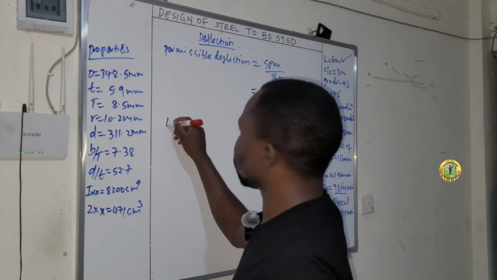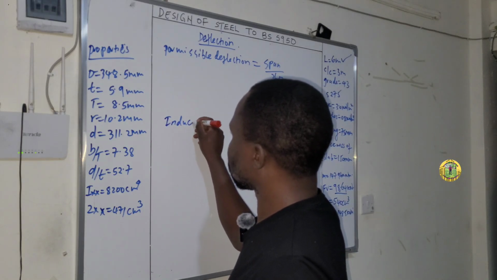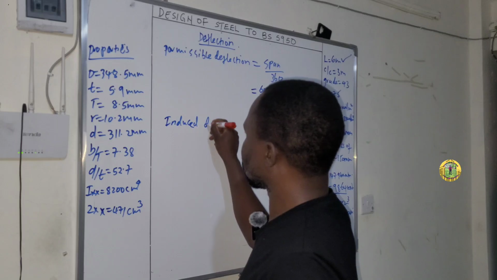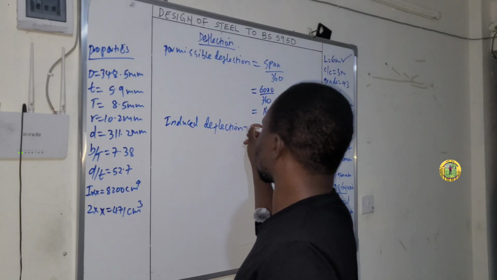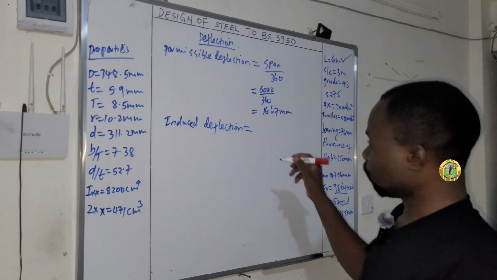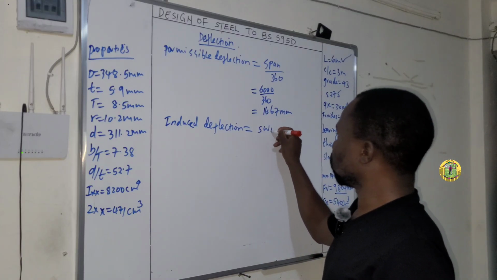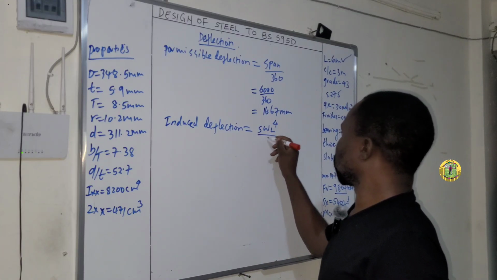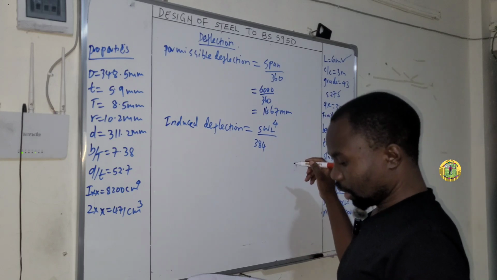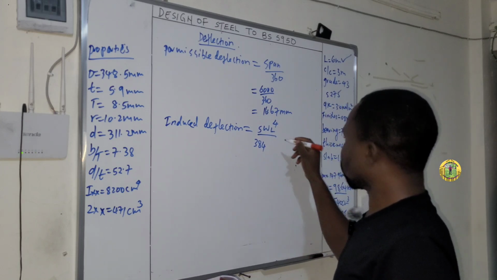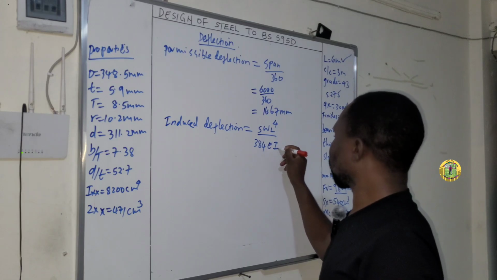After that, we'll come to induced deflection. Induced deflection is given by 5WL raised to power 4 over 384 EI.